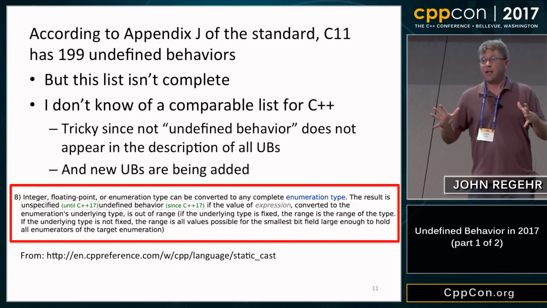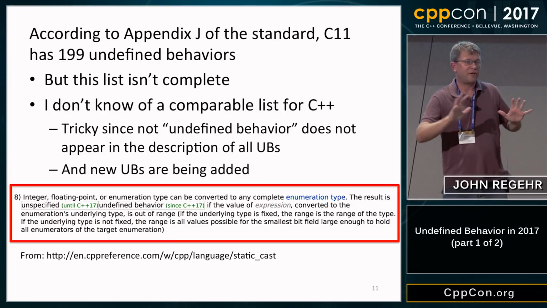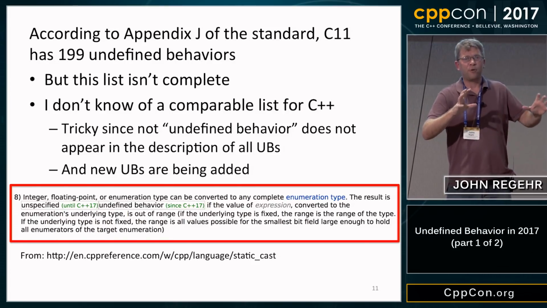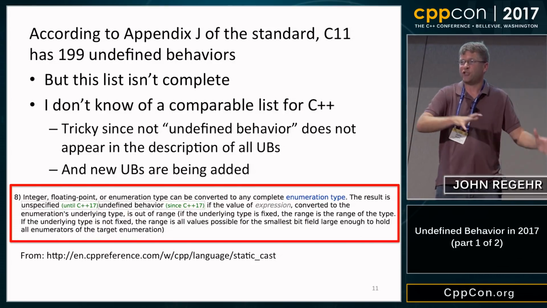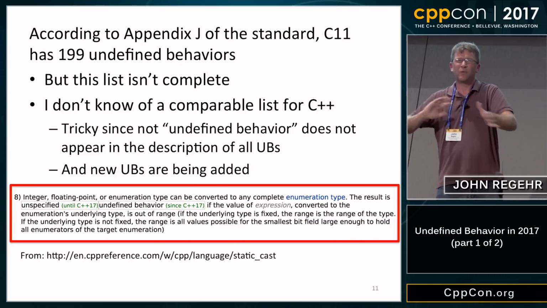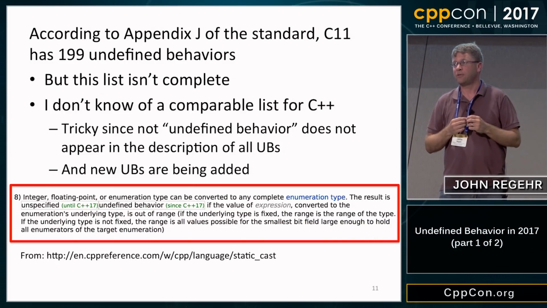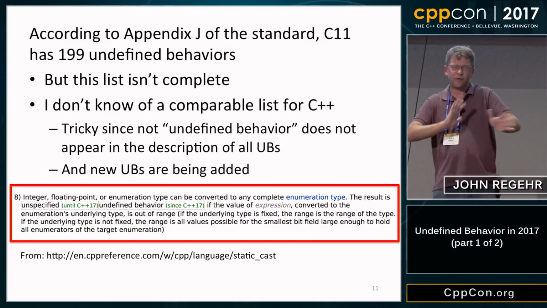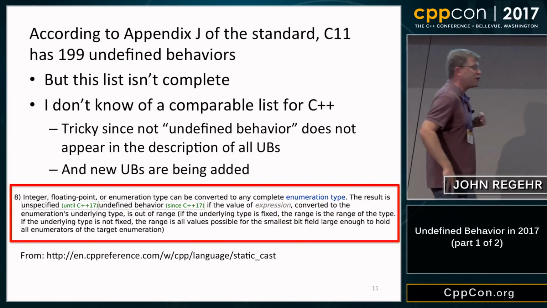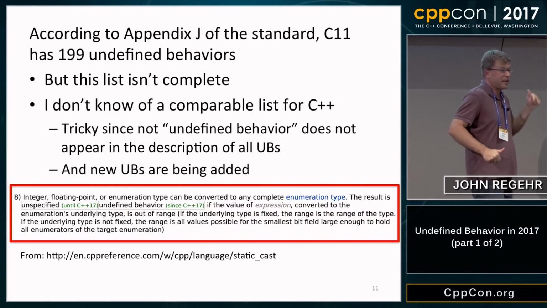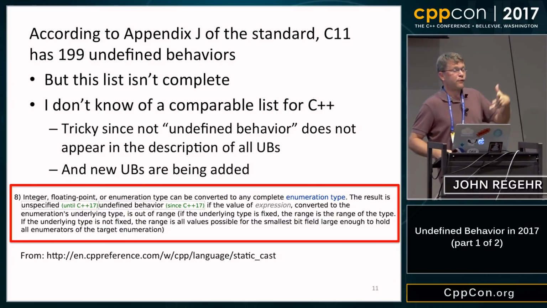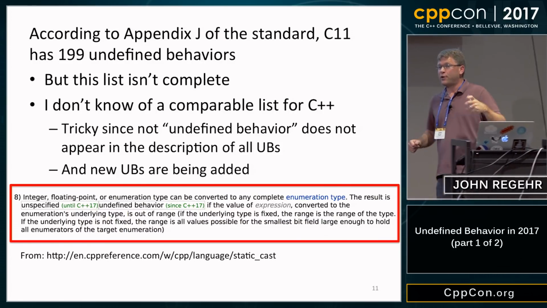Does this make sense? You'll see wiggly language in the standard, like the implementation is allowed to assume that. If the implementation is allowed to assume X, what that really means is not X is undefined behavior. So there are some places where things are undefined only by implication, but it really would be nice if this list existed, and if this list were being expanded for every new version of the standard.